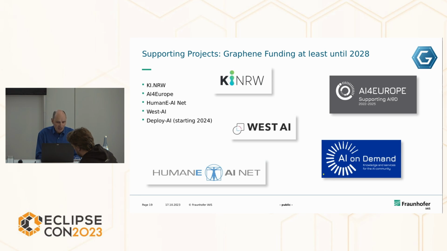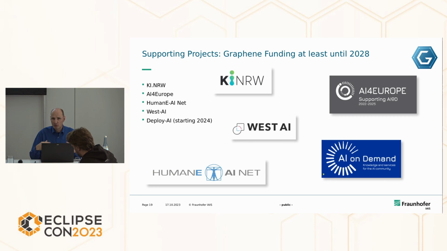We have Human AI Net, which sponsored, for example, the Jupyter Connect feature and also the challenge and benchmarking features. And there is also the AI on Demand platform, which is a long-running set of projects to create a platform in Europe regarding AI.